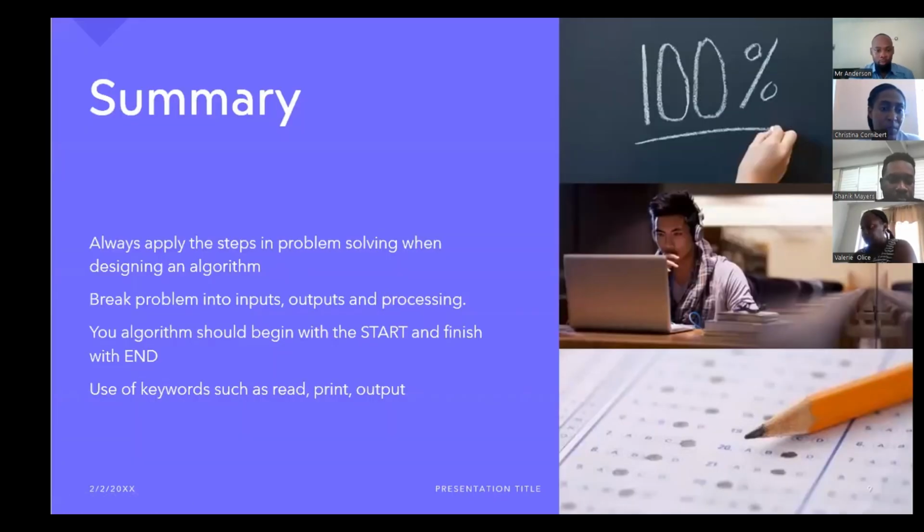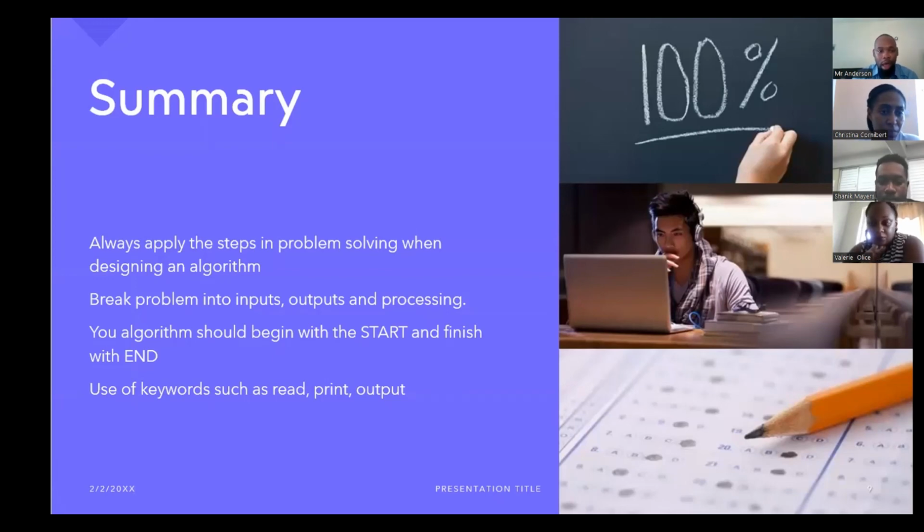Okay, guys, so today, we know we must always apply the steps of problem solving when designing an algorithm or pseudocode. We must break down our problem into the inputs, what we need to enter for our algorithm, what will be the processing, what calculations or decision making must happen, and our output for our pseudocode.